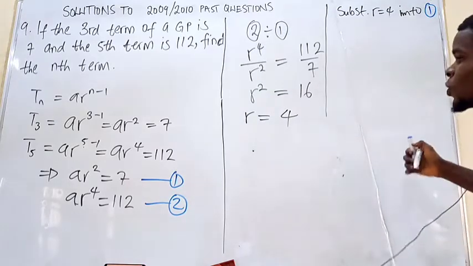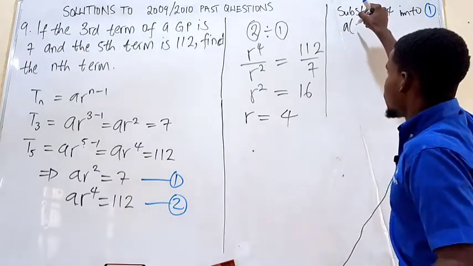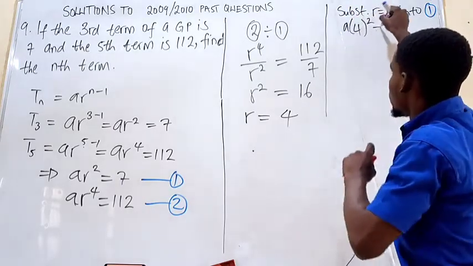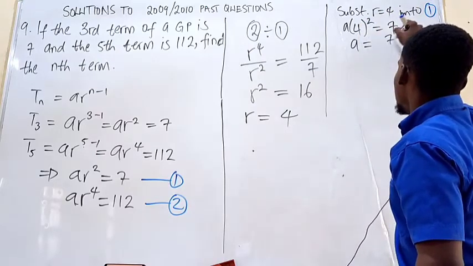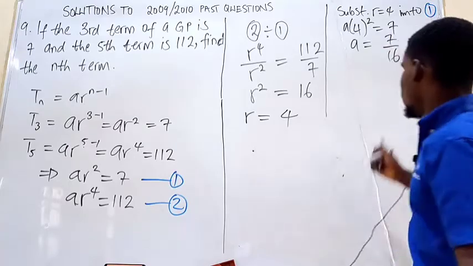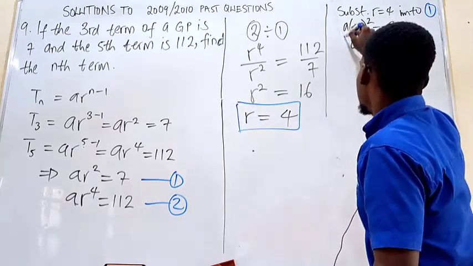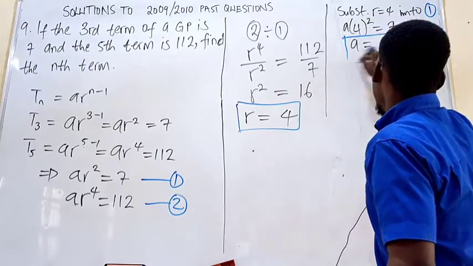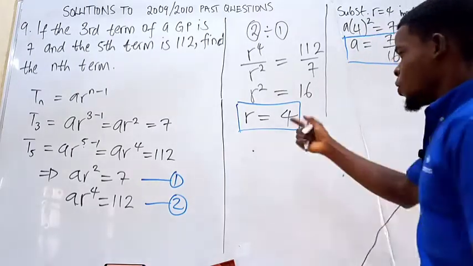If you do that, we're going to have a times 4 raised to the power of 2 is equal to 7. That means that a will be equal to 7 divided by 16. So this was for our r, and this is now for the a value. That is the first term a and the common ratio r.